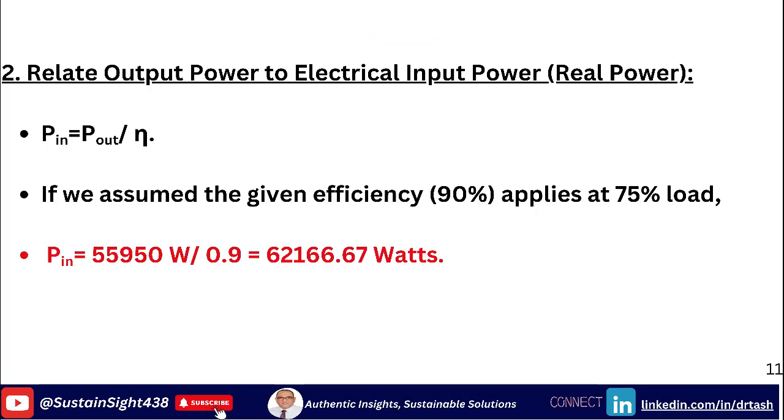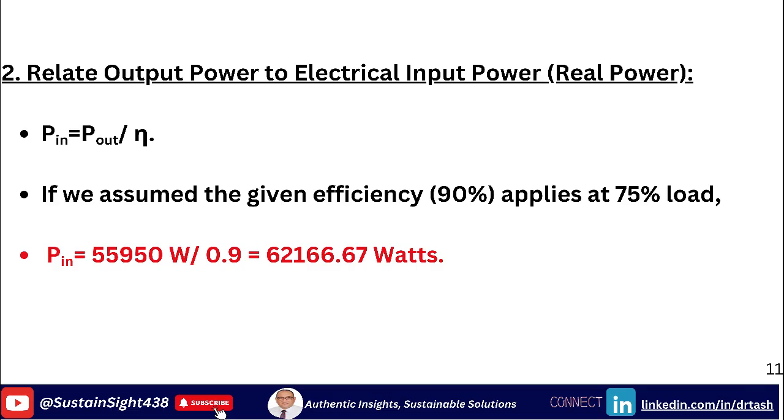Next, we use efficiency to figure out the electrical power going into the motor. Efficiency is output over input. We know the output power, 55,950 W, and the efficiency, 90%, or 0.9. We can rearrange the efficiency formula to find the input power. Input power equals output power divided by efficiency.